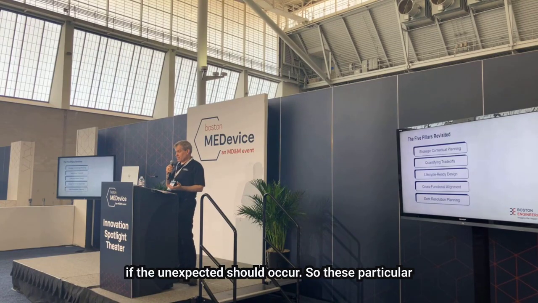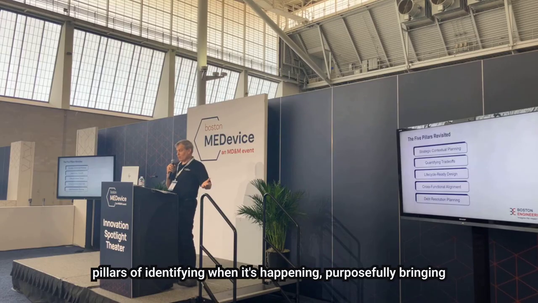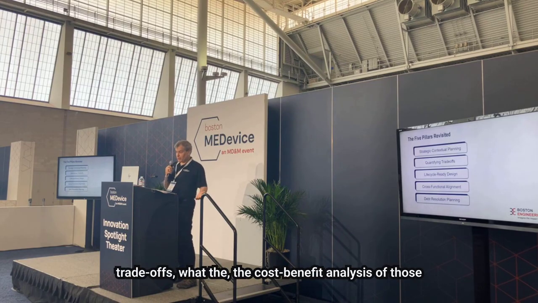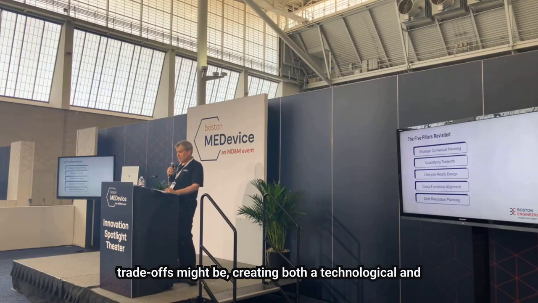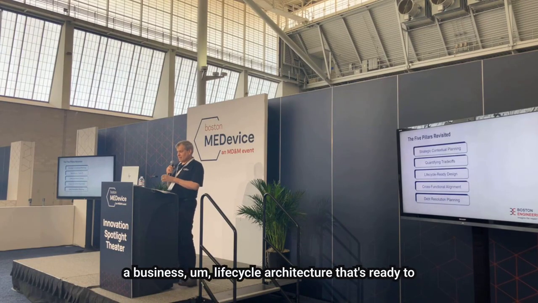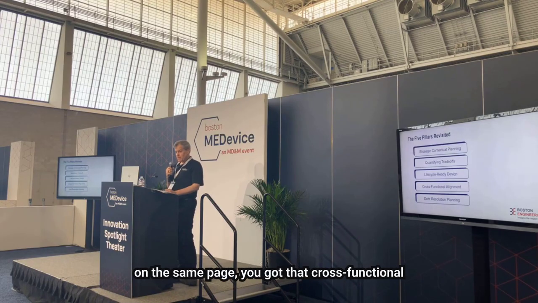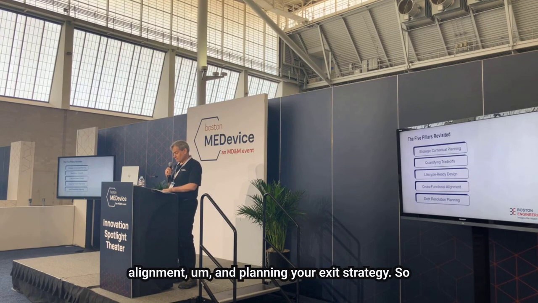So these particular pillars: identifying when it's happening, purposely bringing it into play or not, looking at the trade-offs, what the cost-benefit analysis of those trade-offs might be, creating both a technological and a business life cycle architecture that's ready to handle it, and, particularly important, making sure that everybody's on the same page with cross-functional alignment, and planning your exit strategy.